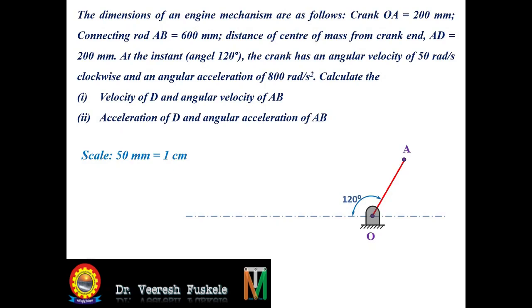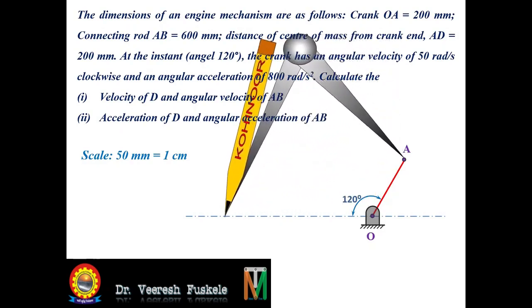So the end B will be placed on the axial line. According to the scale taken, the connecting rod will be represented by 12 cm. So we will take a distance of 12 cm on a compass and mark a point on the axial line to get B.